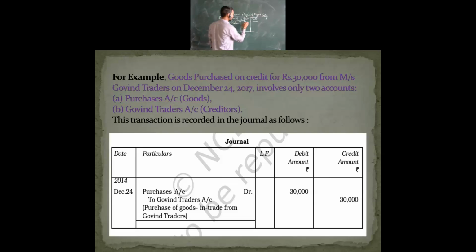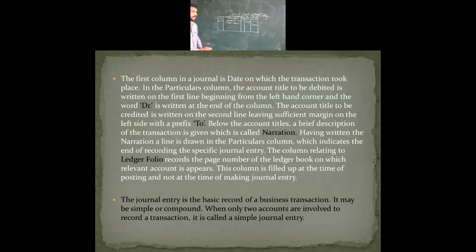Whatever the amount is, that is 30,000. Just like this you are going to make it. See here, the prefix is told to whom: Govind Traders. Below the title you are going to write the narration.